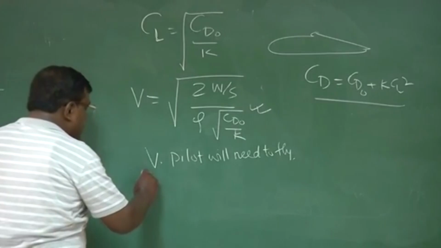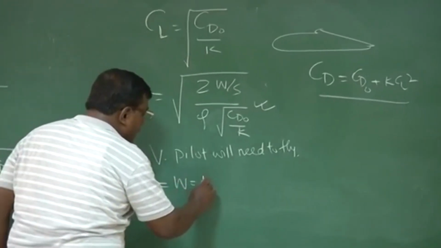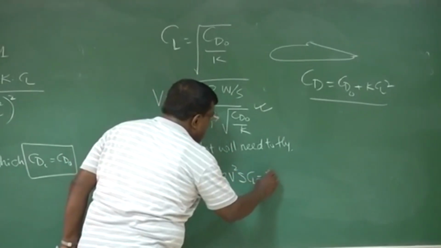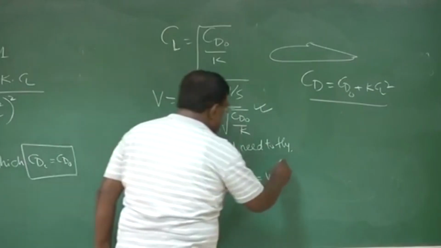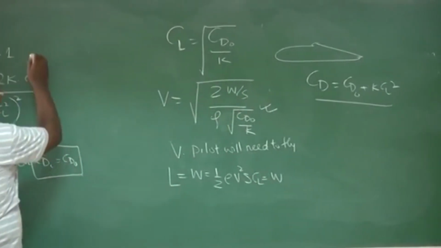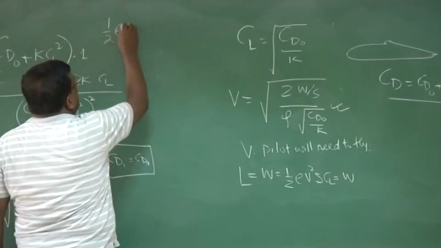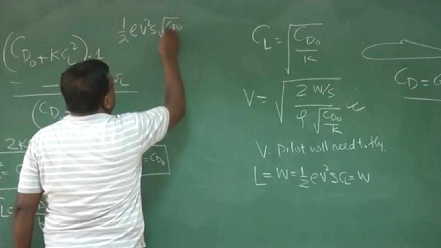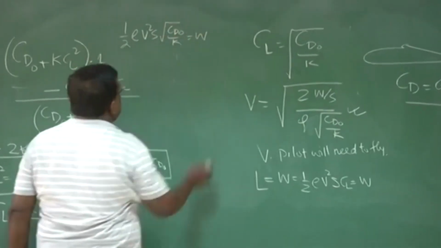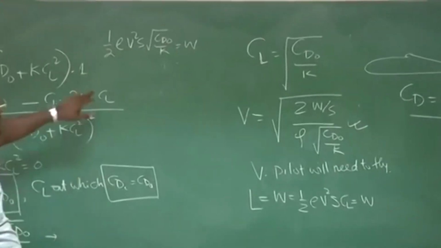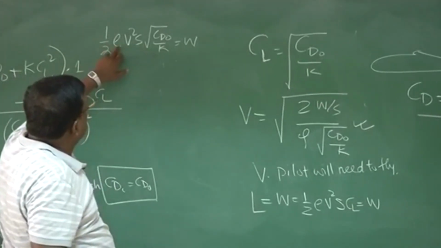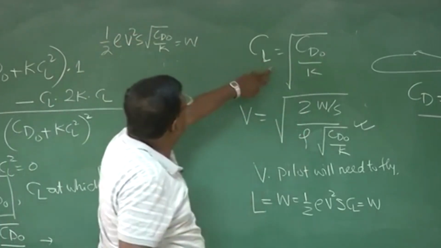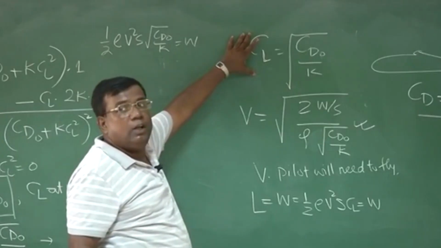So you have to also ensure that lift equals weight, that is half rho V square S CL equal to W. If I further write, I will find that half rho V square S times root of CD naught by K should be equal to W. So it's very clear from here that CL is fixed because of CD naught by K. You cannot have any other CL. CL is a fixed value.